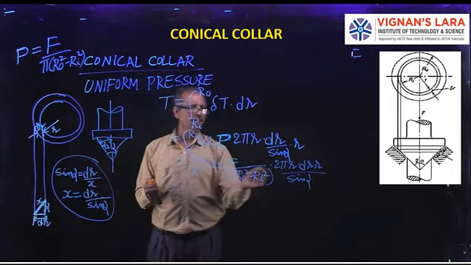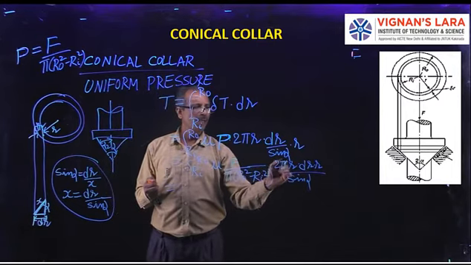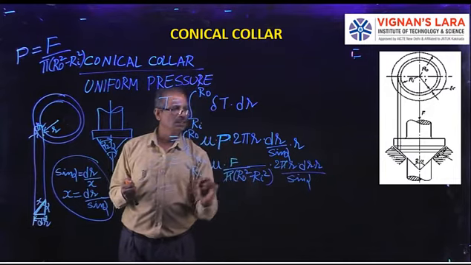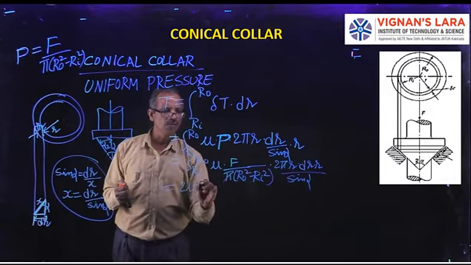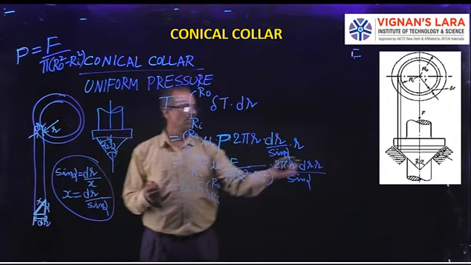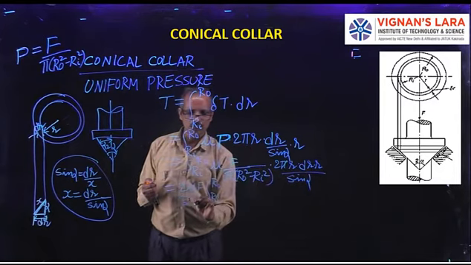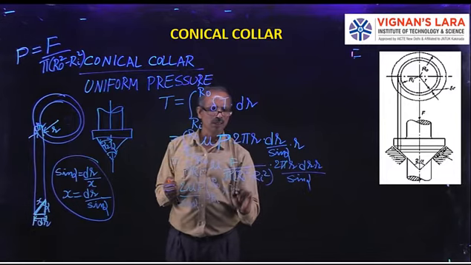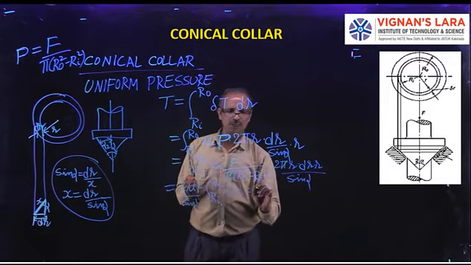So you can write this: pi gets cancelled, and this is 2 mu F by (R naught square minus Ri square), integrated from Ri to R naught. Sine alpha we also take out. Then what is there? r square dr. The integration of r square is r cube by 3.